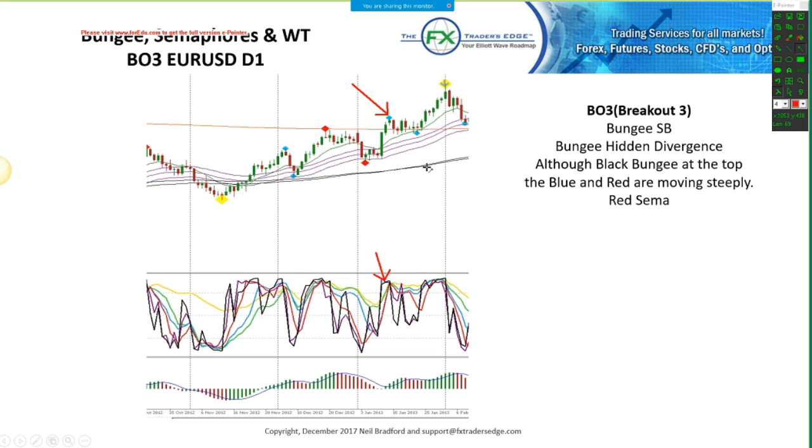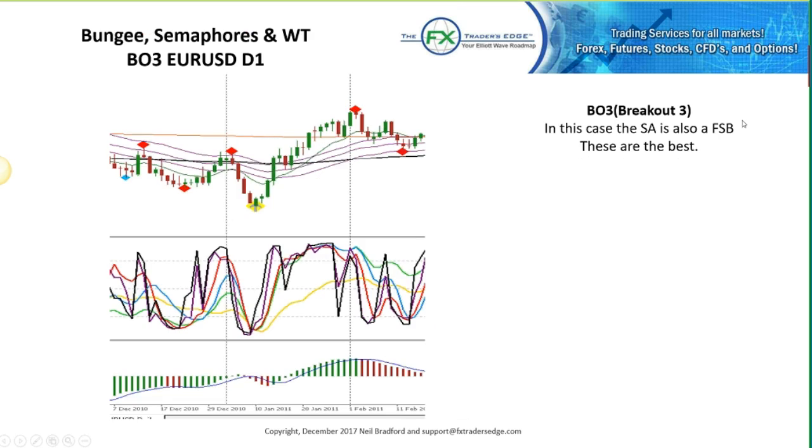It's highly likely it's got further to go. And then we get a mini stretch away, black and purple, small bit of the red, and it continues the journey. You will learn to read these nuances. All you have to do is pay it some attention, and these things almost become second nature.